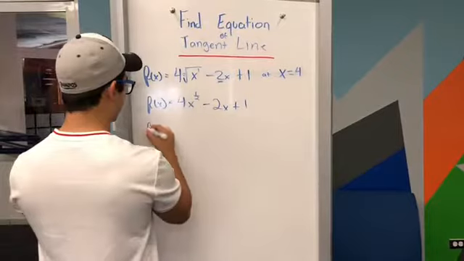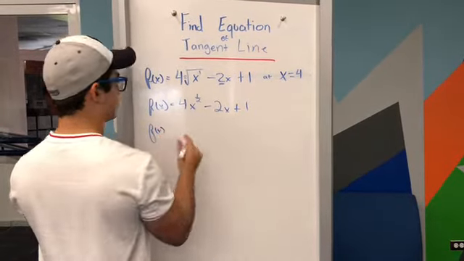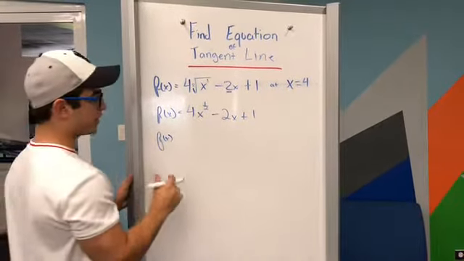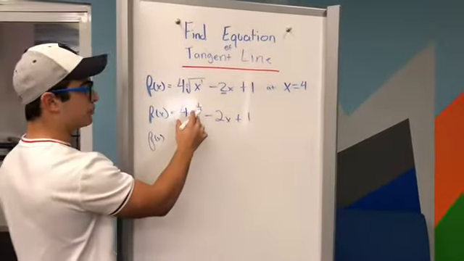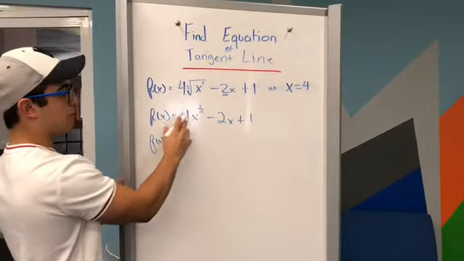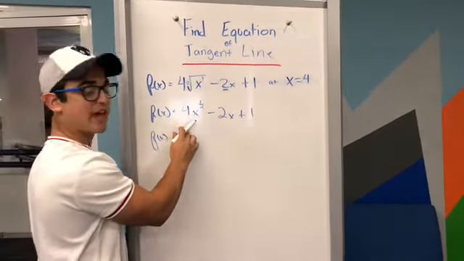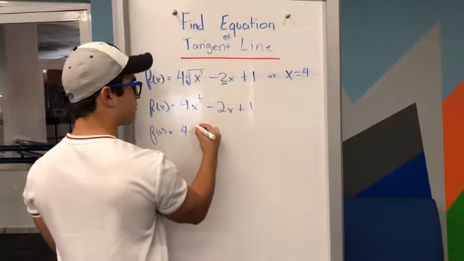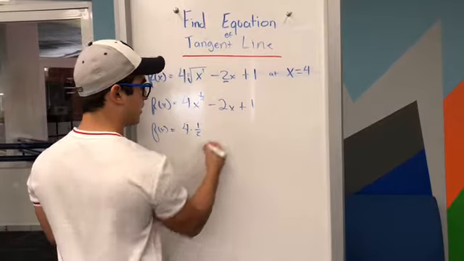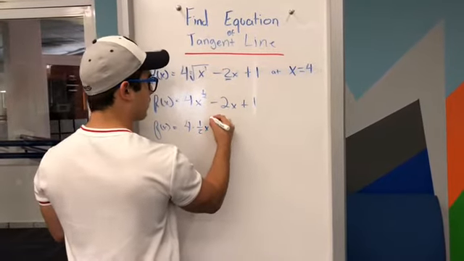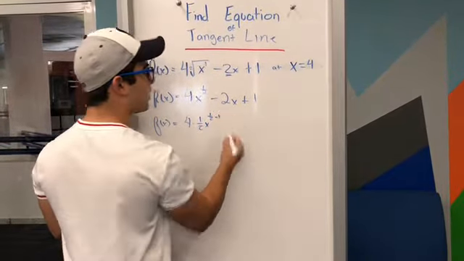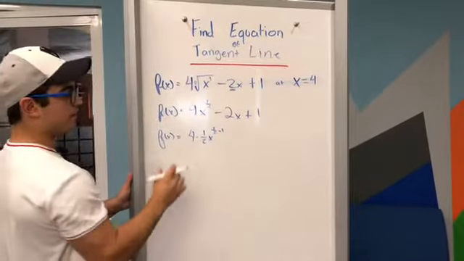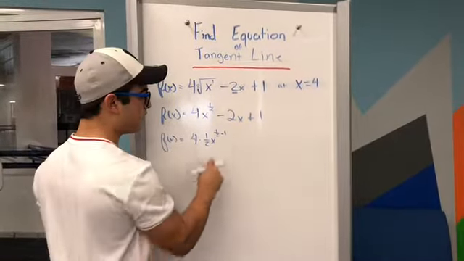The next step is differentiate the equation. How? We're gonna multiply the exponent by the number that is multiplying the x, which is 4 times 1/2 x to the 1/2 minus 1. The formula says that you will always take 1 from the exponent.